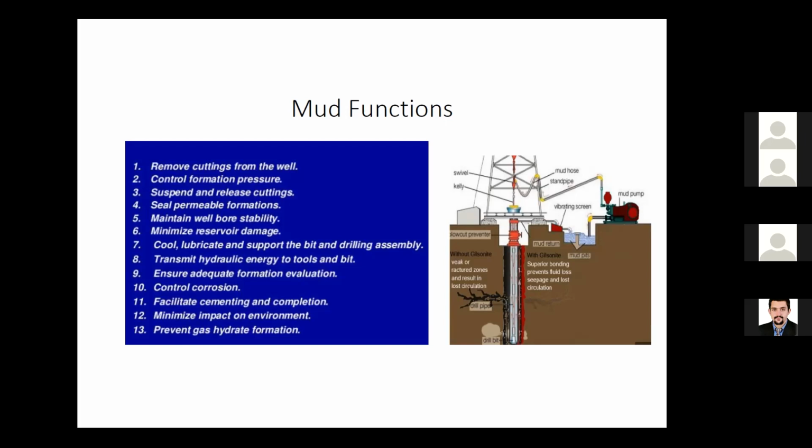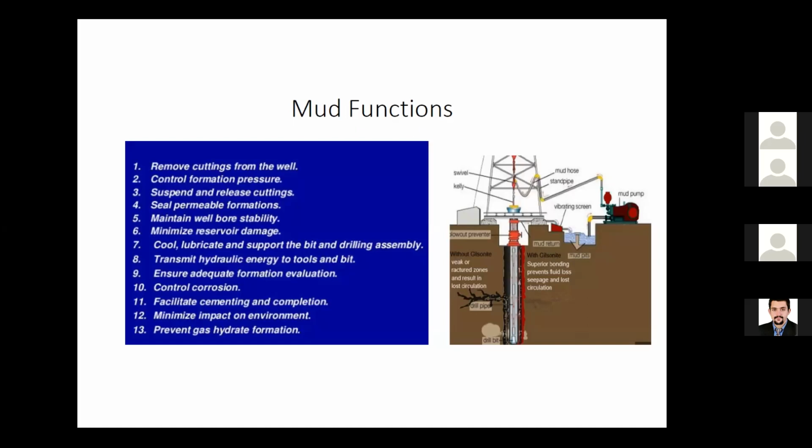The fourth one is to seal permeable formations, making a good filter cake. Maintain wellbore stability, as we said before, to make the whole well homogeneous. Minimize reservoir damage by using acid-soluble chemicals.